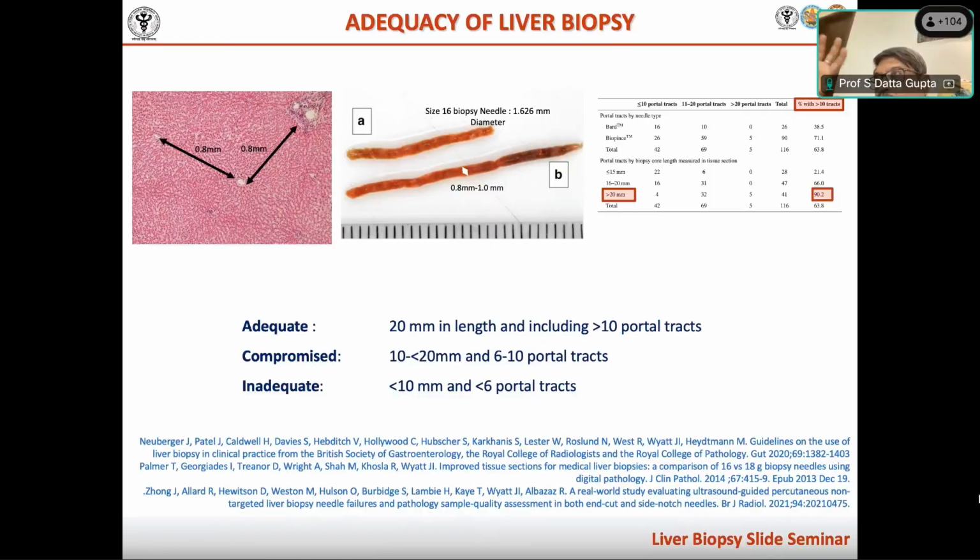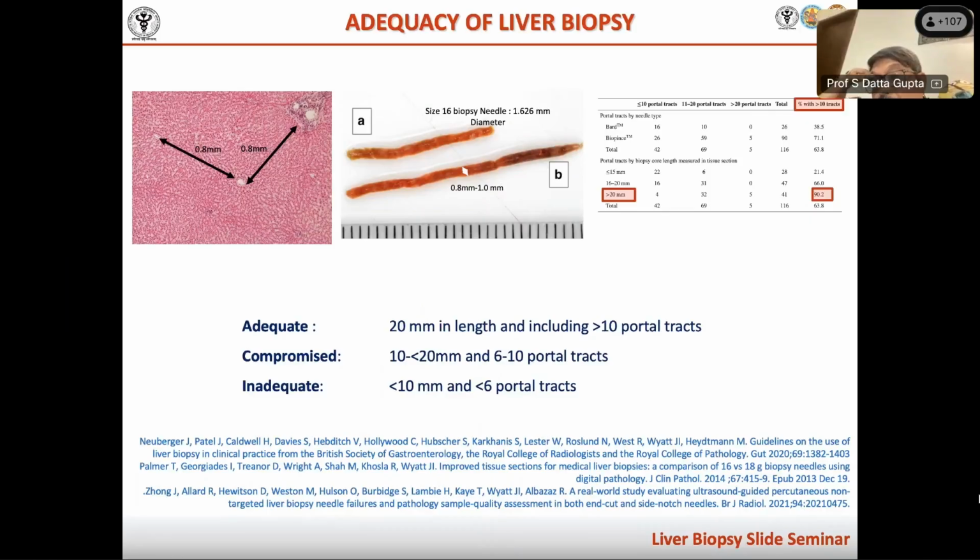So to get a good size lobule, you require at least a width of 0.8. In length it may be there, but unless the width is 0.8 millimeter, you will not get a complete one. That is why we recommend a 16 gauge needle, and you can take 1 or 2 biopsies, or passes, to get at least 2 centimeters length, right?